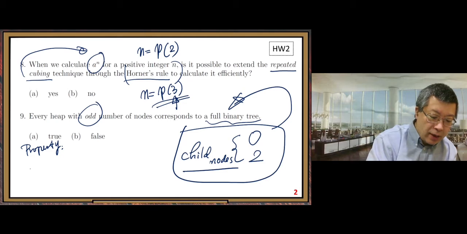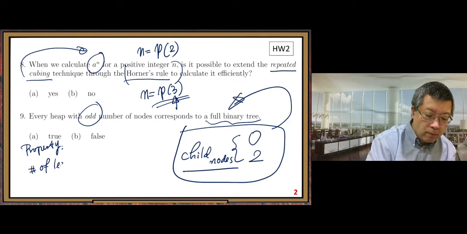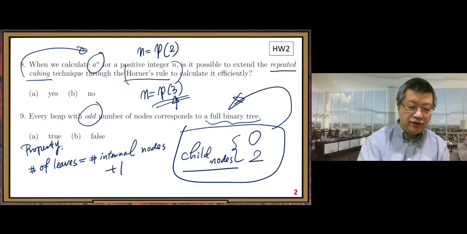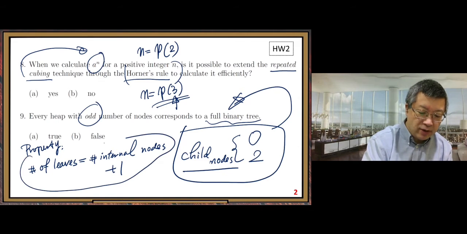So that is number of leaves equals the number of internal nodes plus 1. We have this property, this formula.